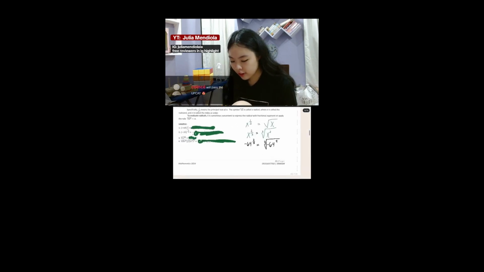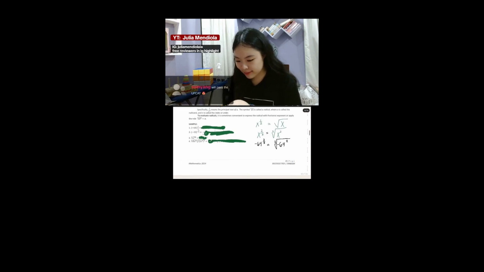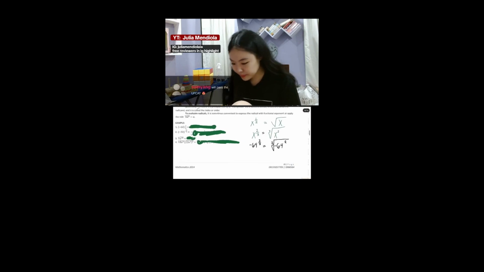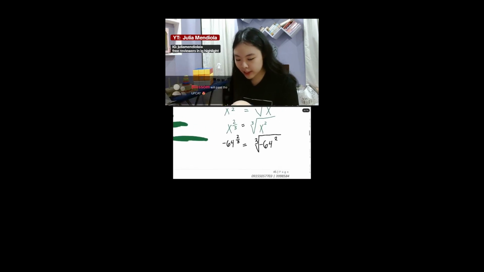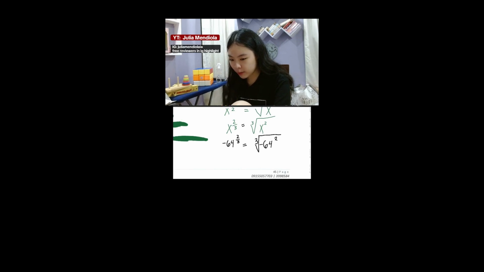Negative 64 squared. How do we solve that? Mawawala ba ang square root? Kasi squared siya. Ay, mawawala ba yung negative? Let's try lang, guys. I think mawawala yung negative. Try natin is-square. So, magiging 64 times 64, di ba?